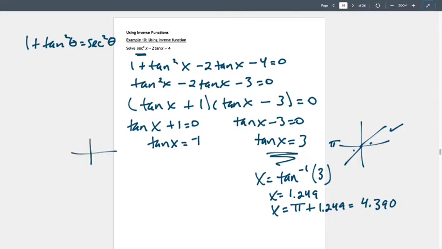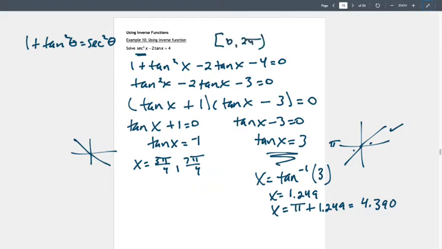When tangent x equals negative 1, it is in the second and the fourth quadrant, and that's at a pi over 4 reference angle. So it's going to be at 3 pi over 4 and at 7 pi over 4. Now, I paused, I'm sorry, because I'm just thinking about how we did not say from 0 to 2 pi.